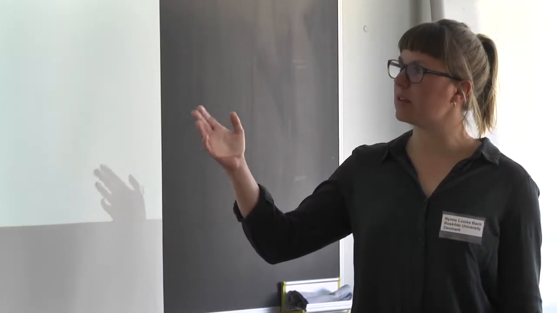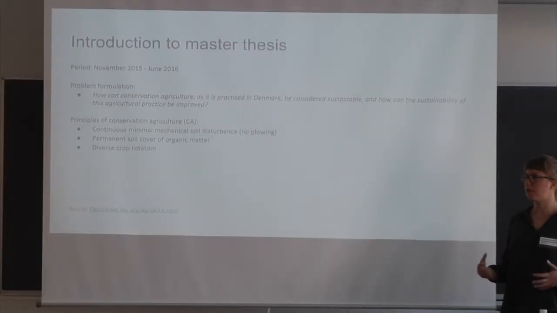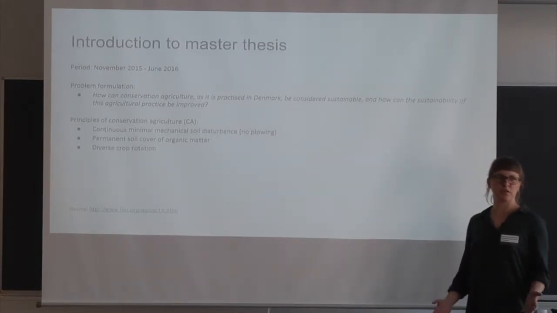The second principle is to make great use of a permanent soil cover of organic matter, and that can be, of course, the crops, but also cover crops, and especially plant residues. And then there's a principle of using a diverse crop rotation in order to keep the system healthy, and also to try to reduce external input, for instance manure and other nutrients, and pesticides.